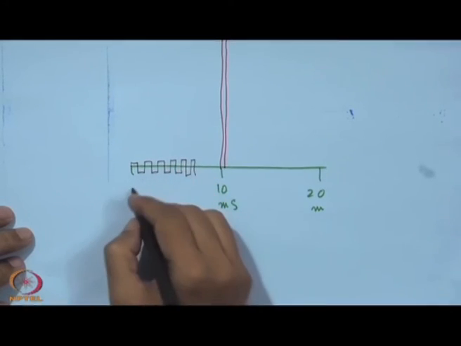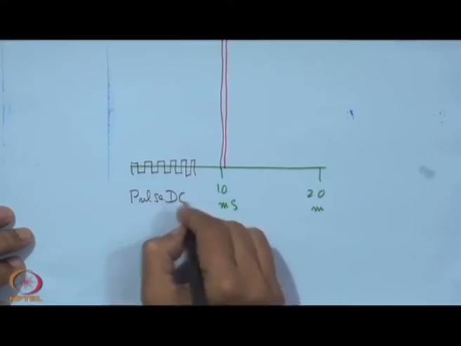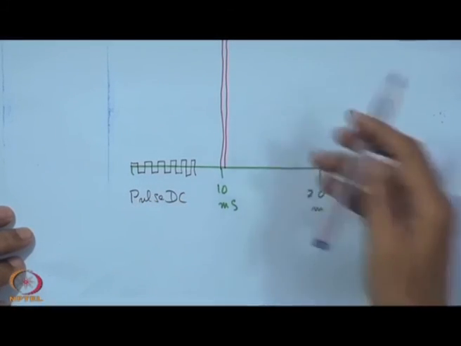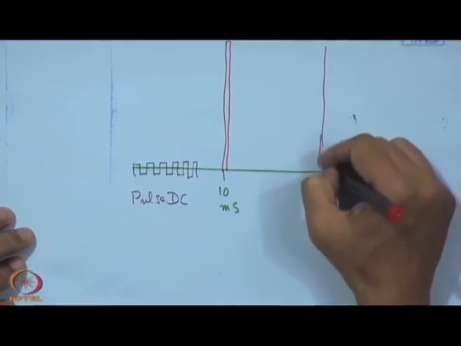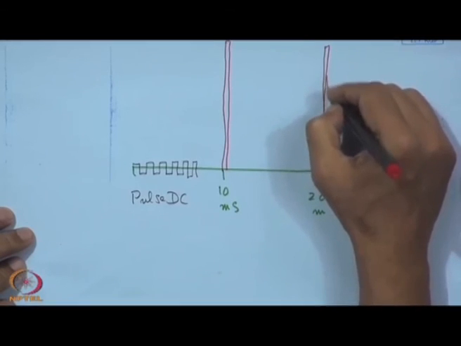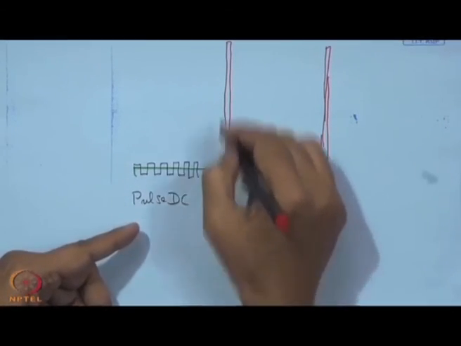So, that is the basic difference. So, this is conventional pulse DC, and here we have another spike. So, these spikes come with this period of rest, and then it is active.